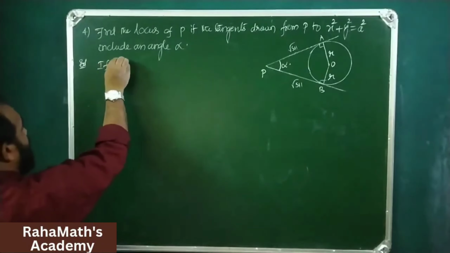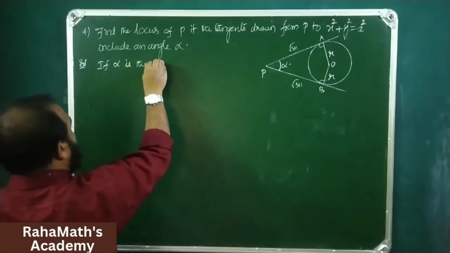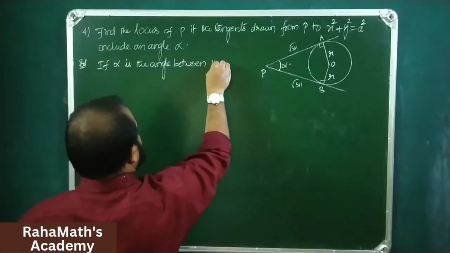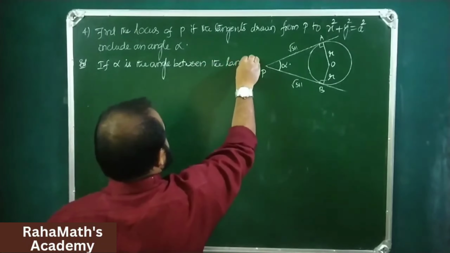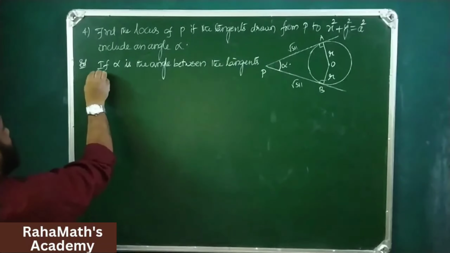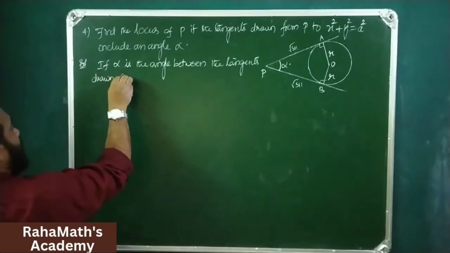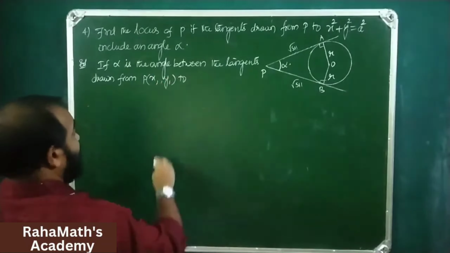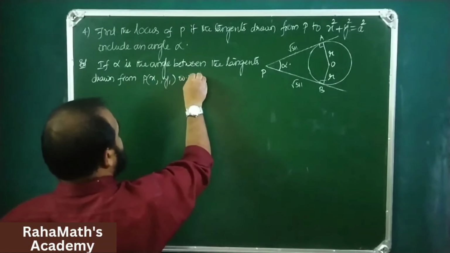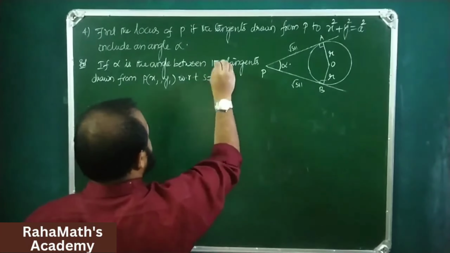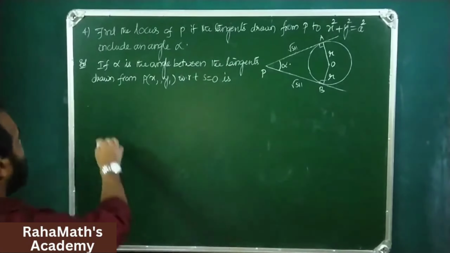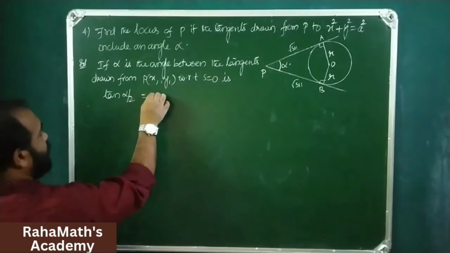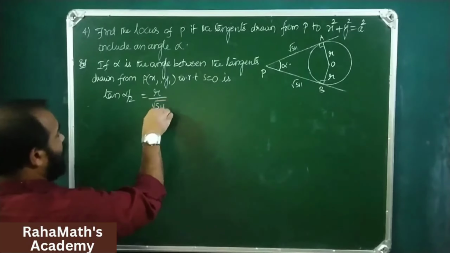If alpha is the angle between the tangents drawn from P(x1, y1) with respect to the circle S equals 0, then tan alpha by 2 is equal to r by root S11.